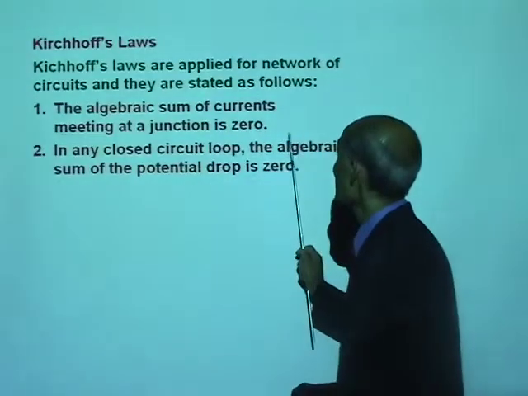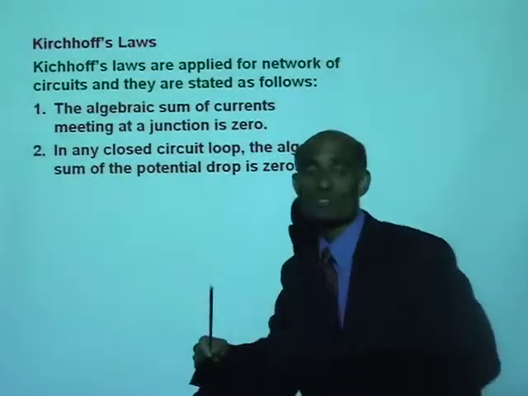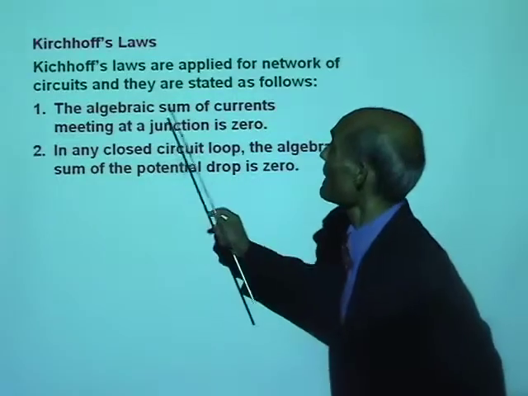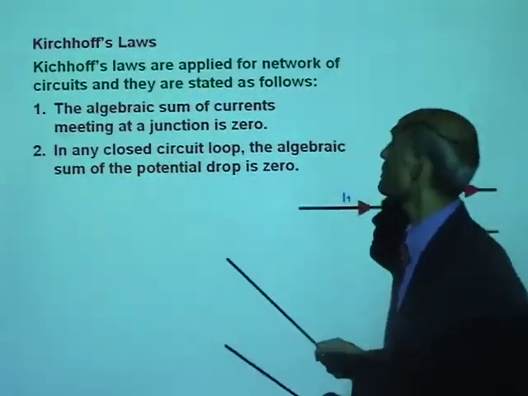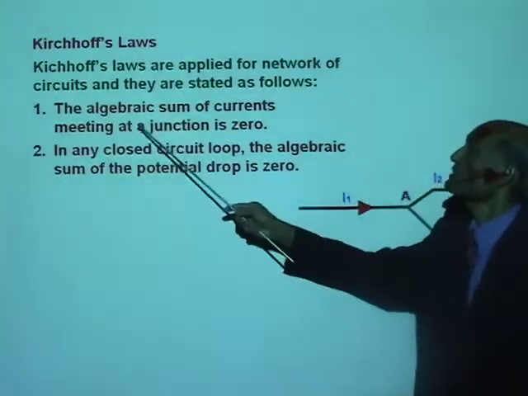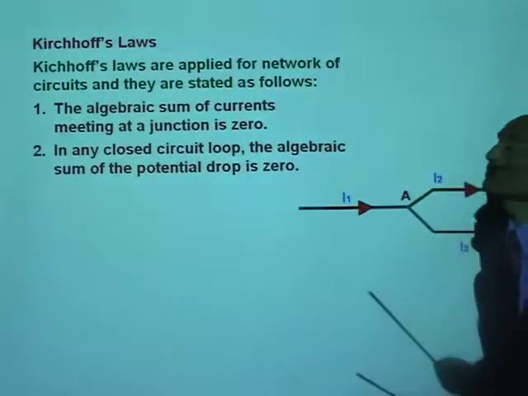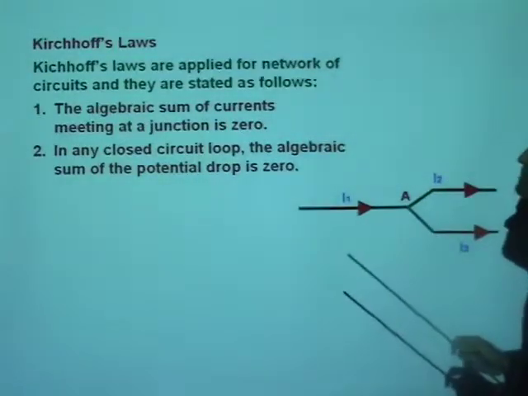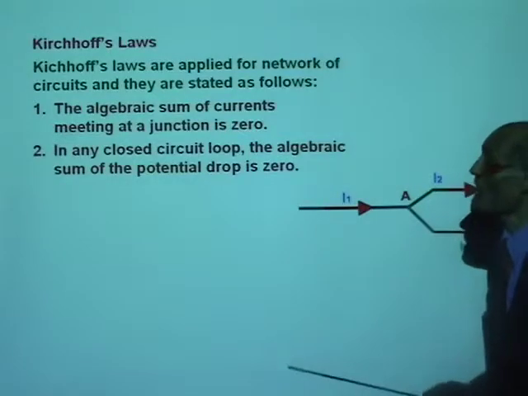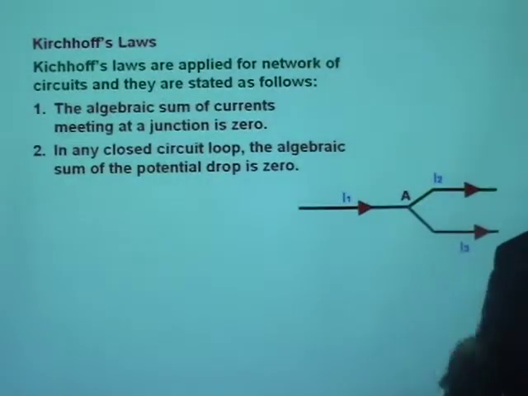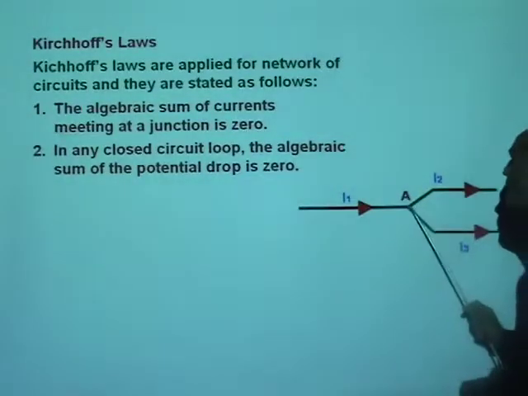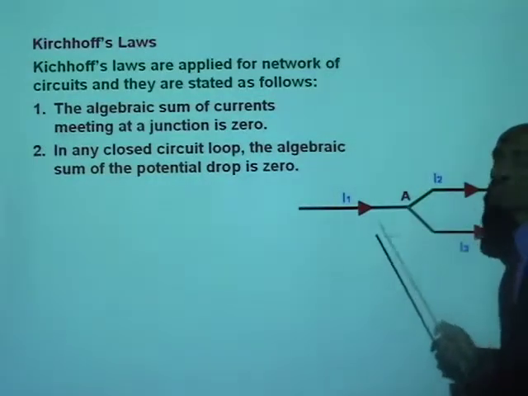First of all, you need to understand the meaning of algebraic sum. I will explain that by taking the first statement. The first statement of Kirchhoff's laws says the algebraic sum of currents meeting at a junction is 0. Now watch here, A is a junction.